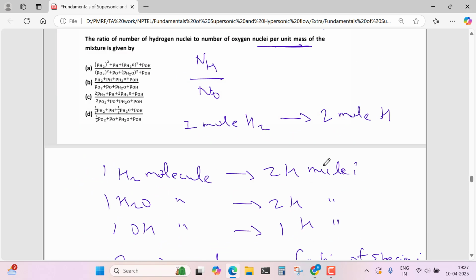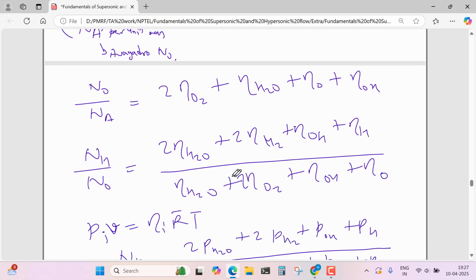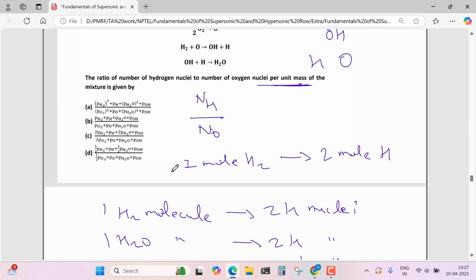Now we have to see which option is correct. In the numerator, H2O and H2 have coefficient 2, and OH and H have coefficient 1. So this first equation is wrong. In option B, H2O and H2 do not have coefficient 2, so B is also wrong. Option D is also wrong because it has half the H coefficient.